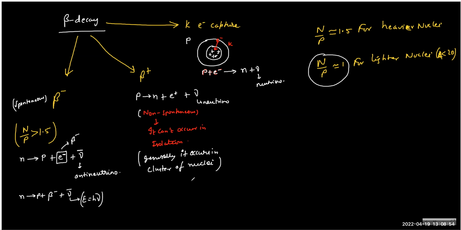So, K electron capture is more feasible than beta plus decay, but there is some controversy around these two. Thermodynamically, we can say K electron capture is more feasible than beta plus decay. So, you can just mention this.